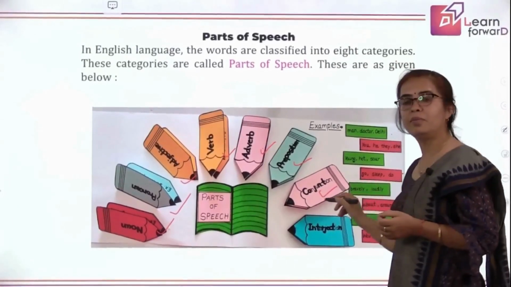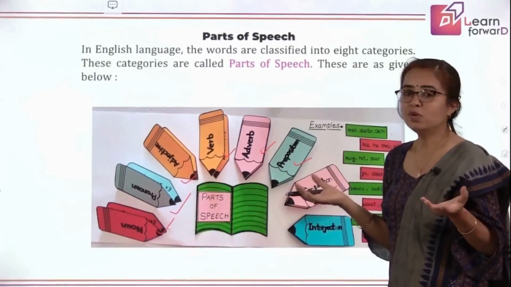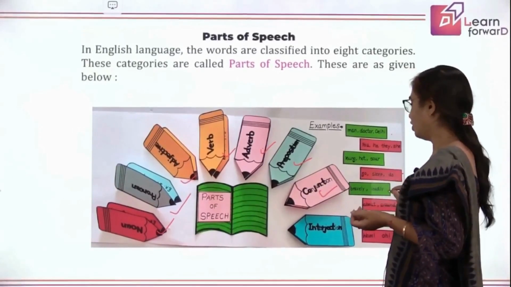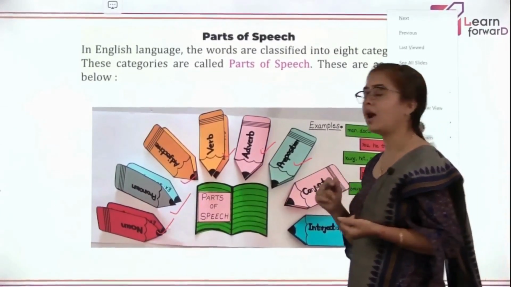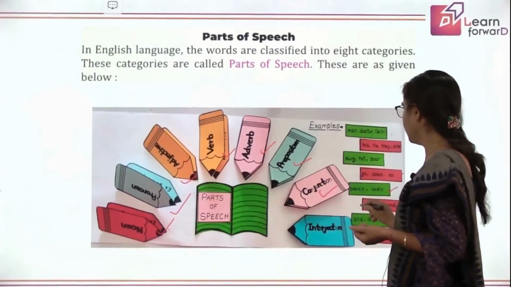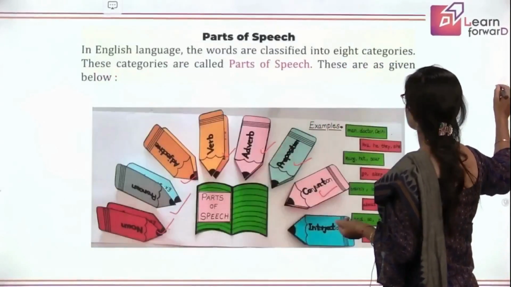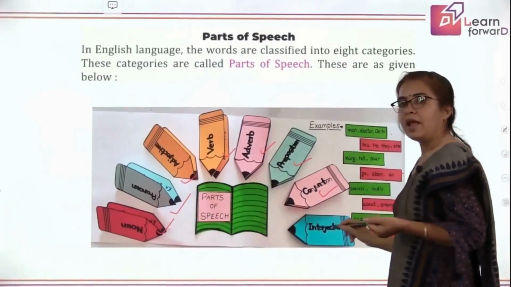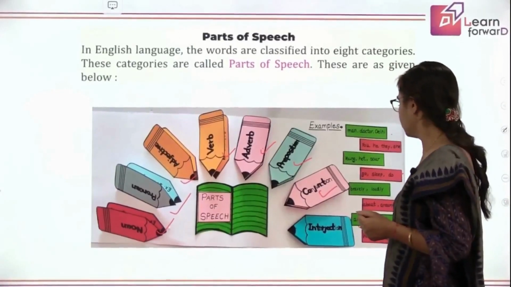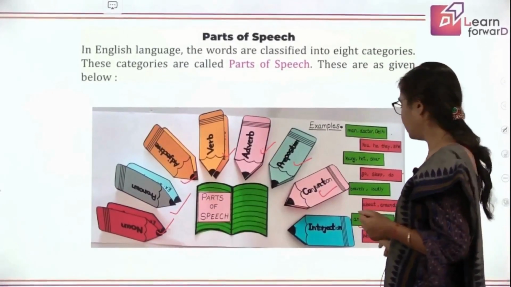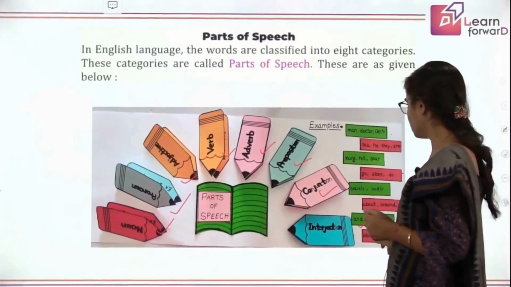Then bravely, loudly, neatly, gracefully, these are all adverbs. About, around, in, on, under, these are all prepositions. And, so, but, these are conjunctions. And wow, oh, these are interjections.